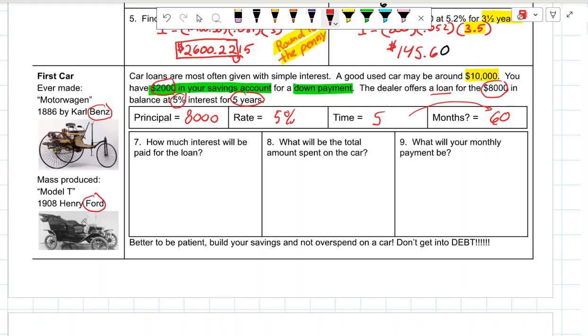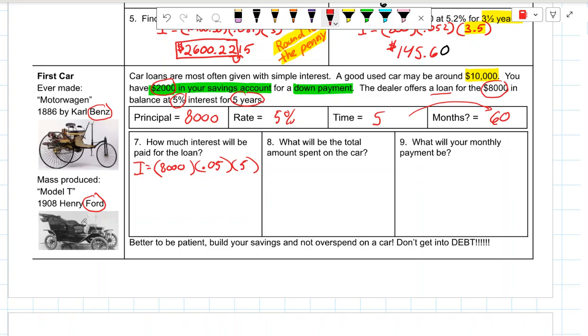All right, let's take a look at number 7. How much interest will be paid for the loan? All right, so let's figure that out. I is equal to P times R times T. P is $8,000. That's the loan that you're taking on. The rate is 5/100 as a decimal, and the time is 5.